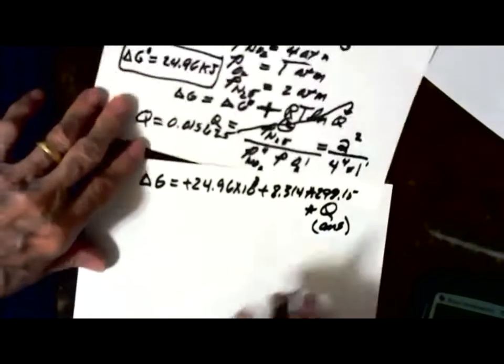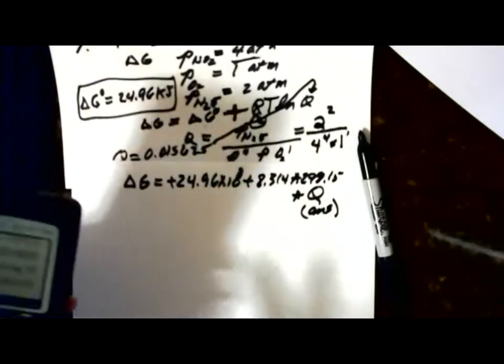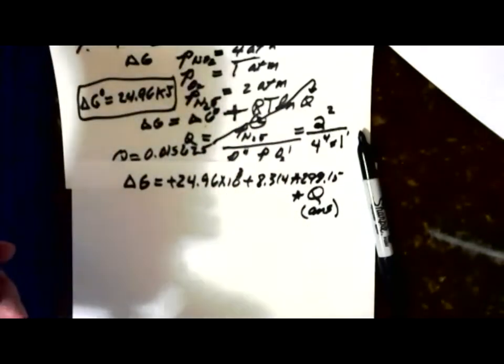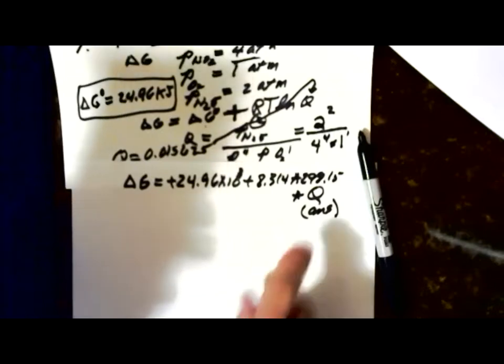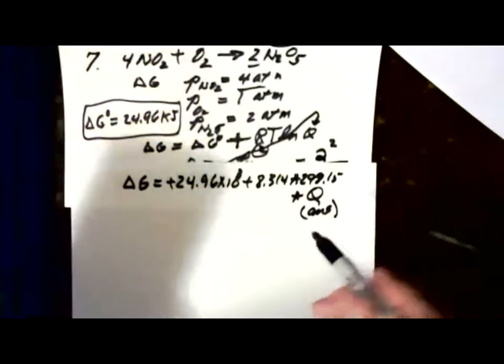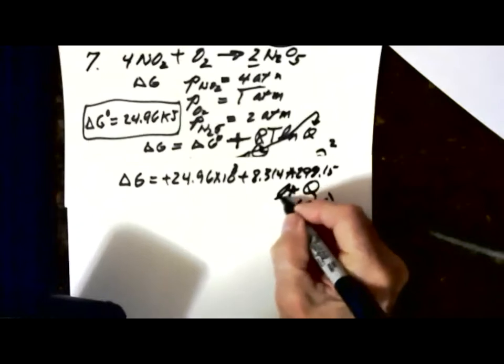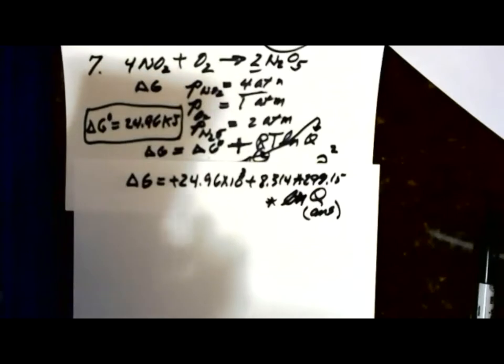So I'm going to just do this math and see what we get. So the delta G is equal to 24.96 times 10 to the 3rd, plus 8.314 times 298.15 times the ln of Q. I left off the ln. Okay, times the ln of my answer, I still got on my screen.